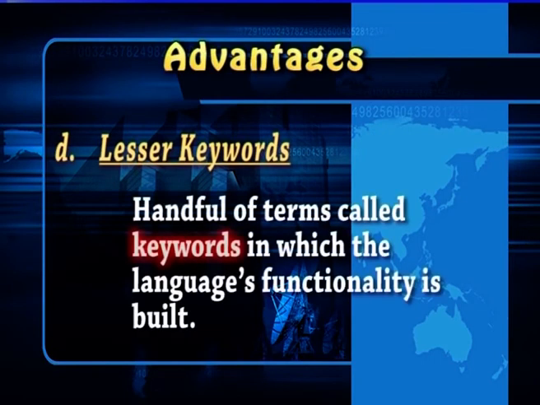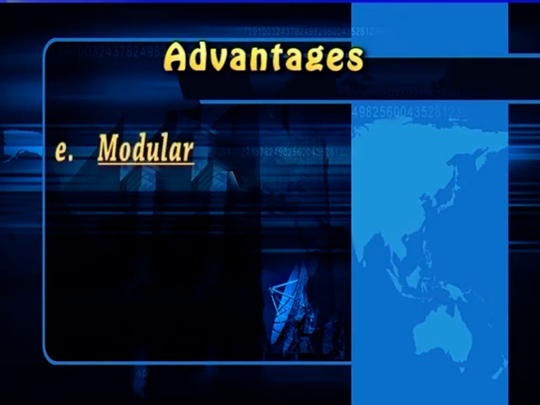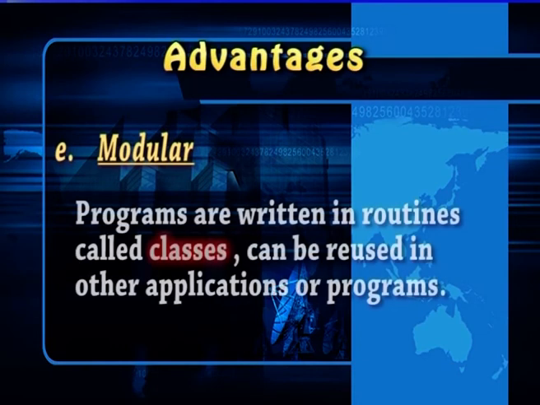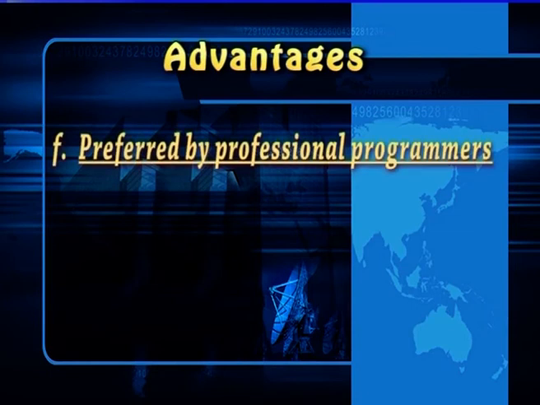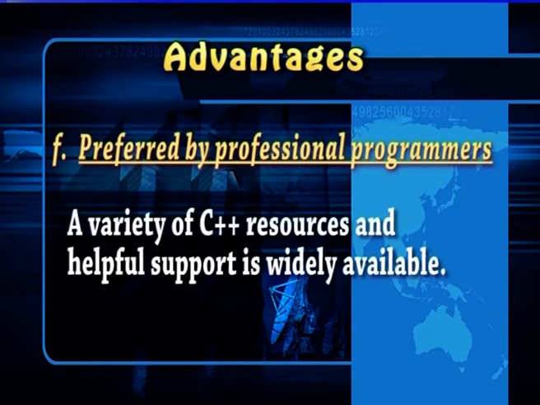Only a handful of terms, called keywords, are built into this language. Fifth, it is a modular language. That is, the programs are written in routines called classes, which can be reused in other applications or programs. Sixth, it is preferred by professional programmers, so a variety of C++ resources are available worldwide.